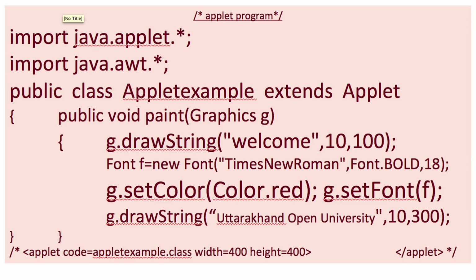The name of the class is public class AppletExample, and we are extending AppletExample from Applet. So, it means it is an applet program, and inside this class we have public void paint.